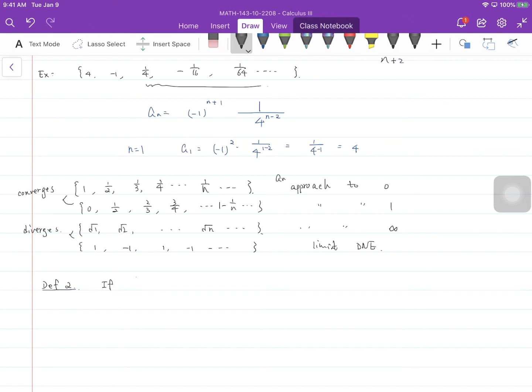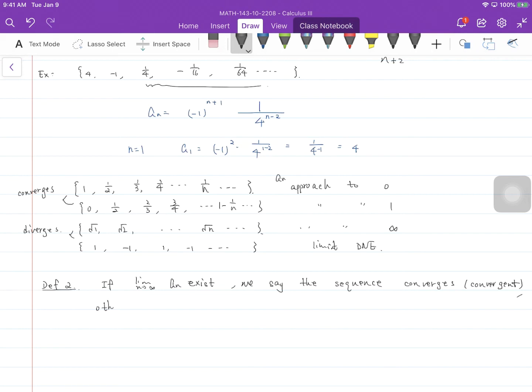If we look at the general term a_n, and the limit of a_n equals a number, we say the limit exists, and then we say the sequence converges, or is convergent.